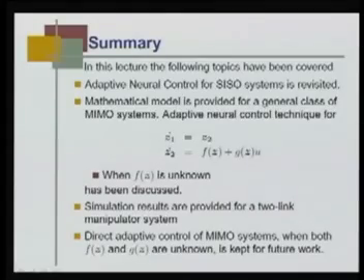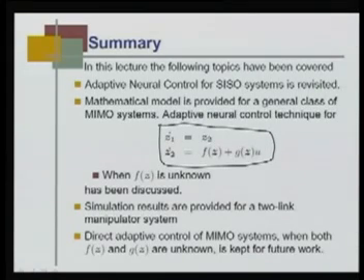In summary, in this lecture the following topics have been covered. Adaptive neural control for single input single output systems is revisited. A mathematical model is provided for a general class of multi input multi output systems, where we could represent even practical systems like multi-link robotic manipulators in this particular format: Z1 dot is Z2, Z2 dot is Fz plus GzU.